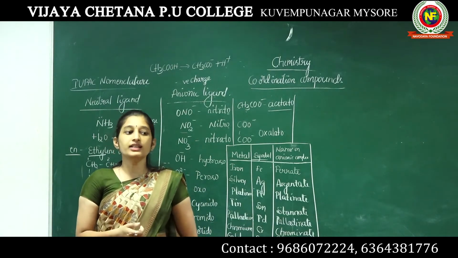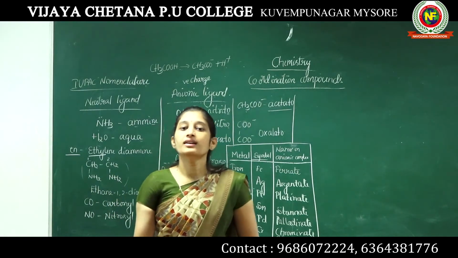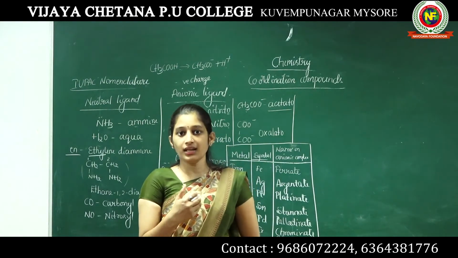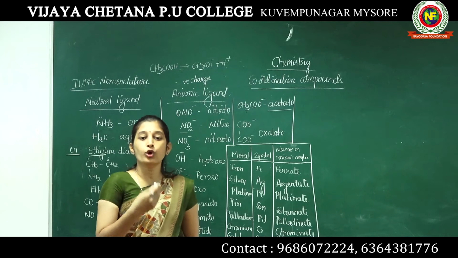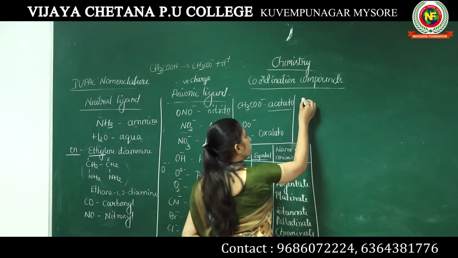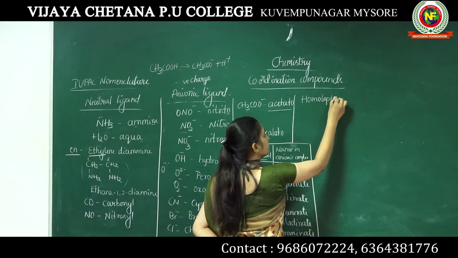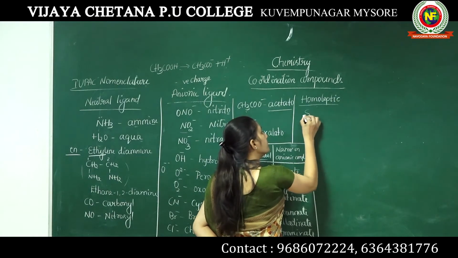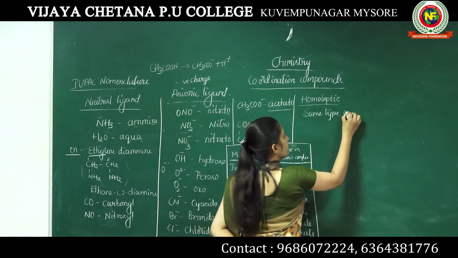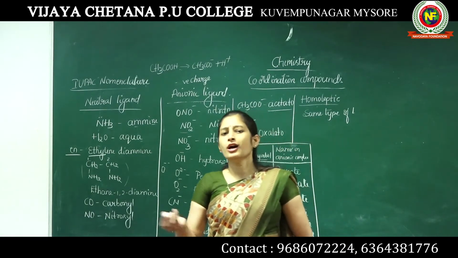Certain rules means how to name for neutral complex, how to name for cationic complex. That too for homoleptic. First thing, you know two types of complex, homoleptic and heteroleptic. Homoleptic means same type of ligand. Hetero means opposite.